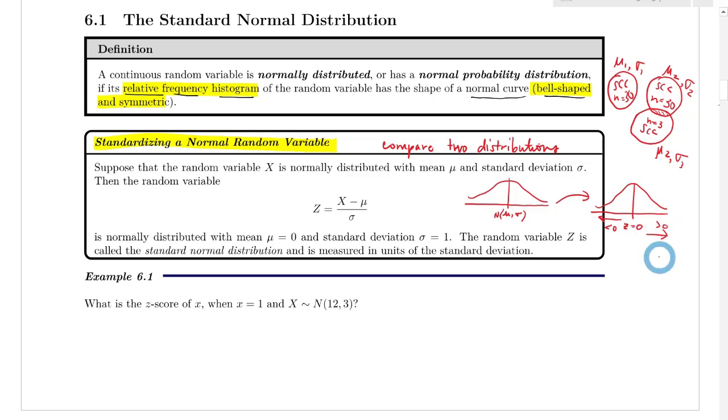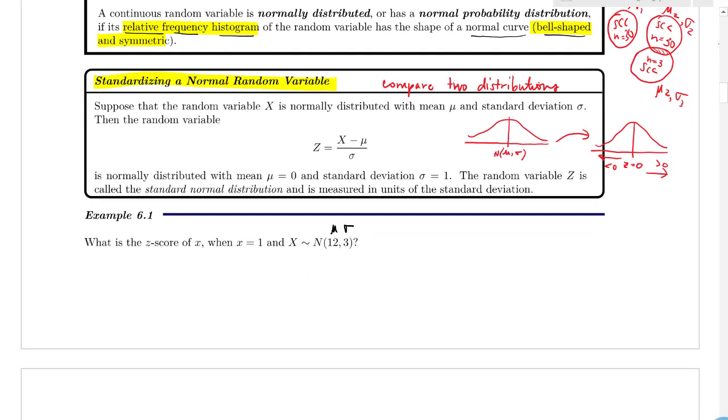Okay, so let's quickly remind ourselves how to calculate these things. What is the z-score of x when x is equal to 1 and the random variable has a normal distribution with mean 12 and standard deviation of 3? I would just put z is equal to the random variable x minus mu over the standard deviation. Over to the left, let's list what we have.